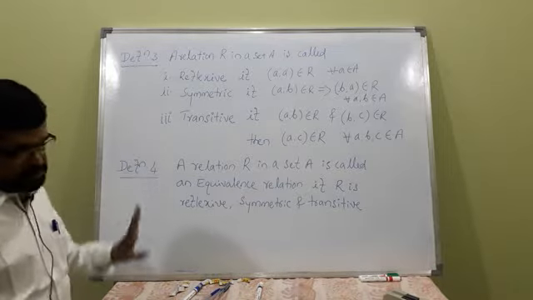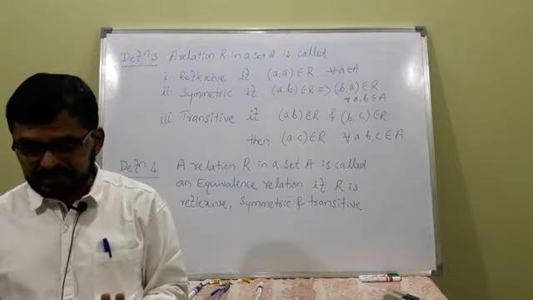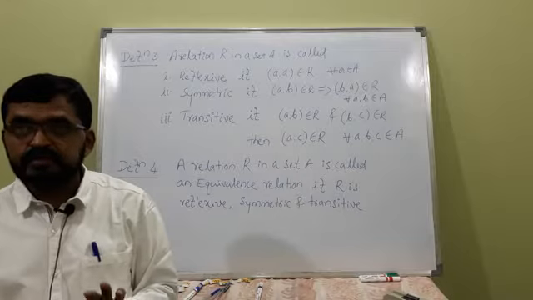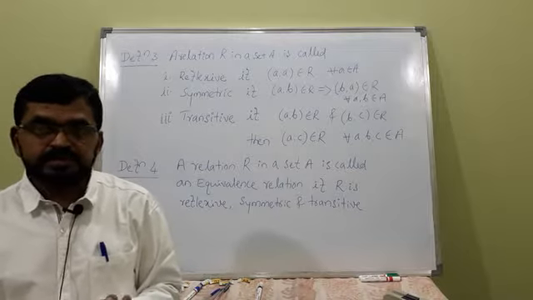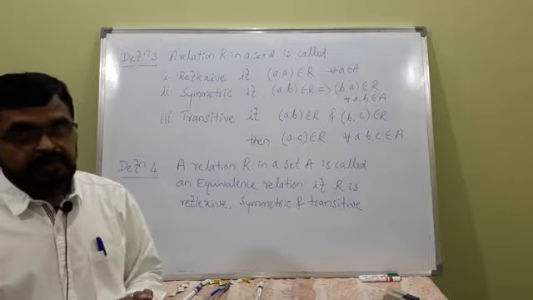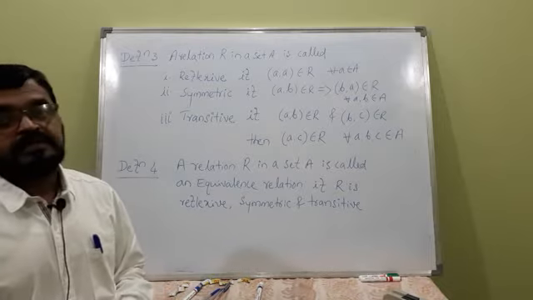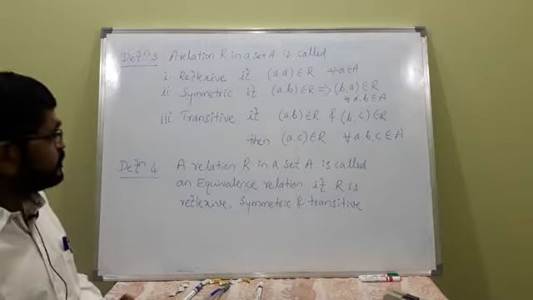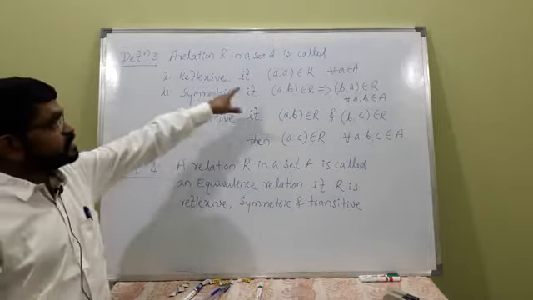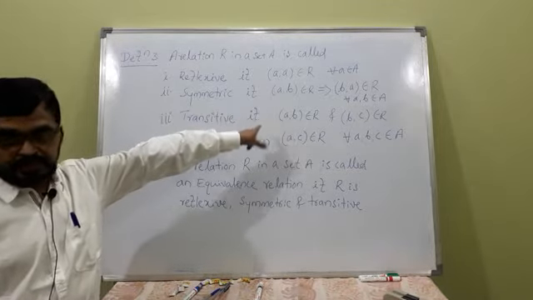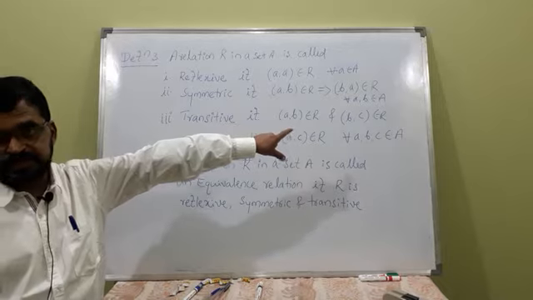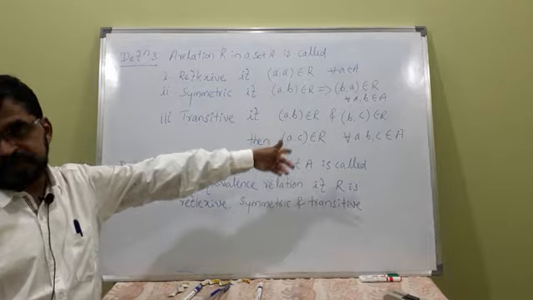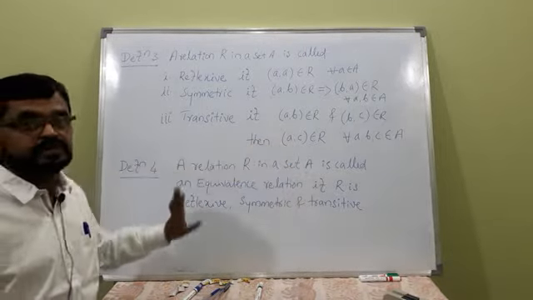So, these are the four important definitions: empty relation, universal relation. Empty relation is one where no element of A is related to any element of A. Universal relation is one where each element of A is related to every element of A. Reflexive means (a, a) belongs to R; (a, b) belongs to R implies (b, a) belongs to R is a symmetric relation; (a, b) and (b, c) belong to R implies (a, c) belongs to R is transitive.